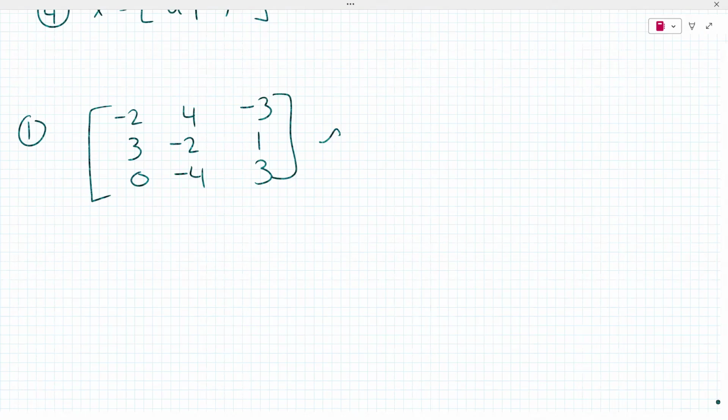And then what are we going to do? We're going to make the lower triangle zeros. So we kind of have to figure out the row operations, and we'll just have to be a little bit careful.